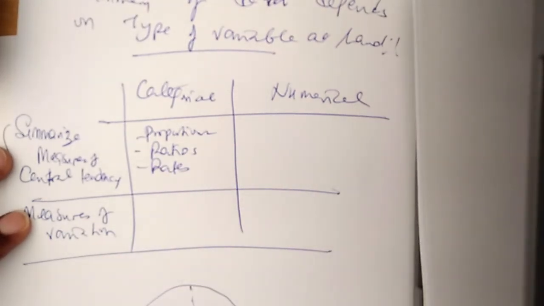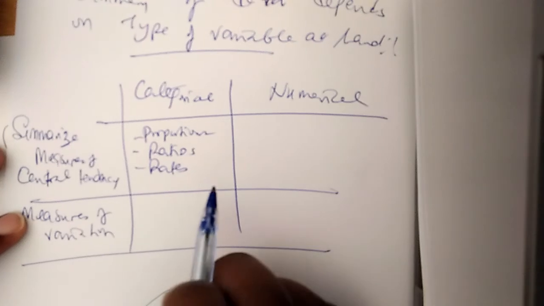Those are measures of central tendency for a categorical variable. For example, sex: proportion of girls in class, proportion of albinos in class, proportion of those that are rich in this class. That is how we summarize categorical variables.